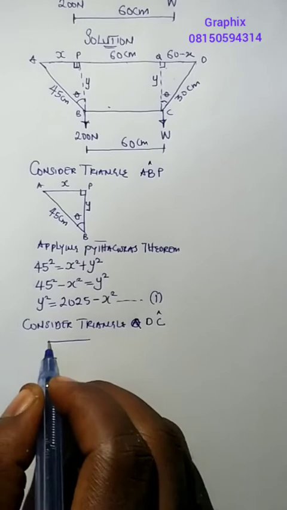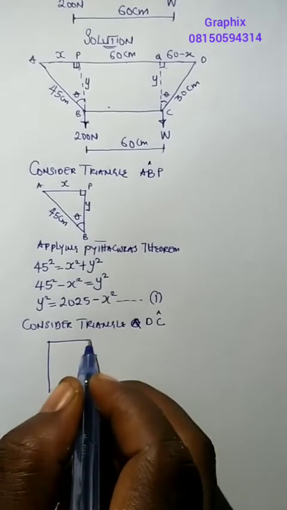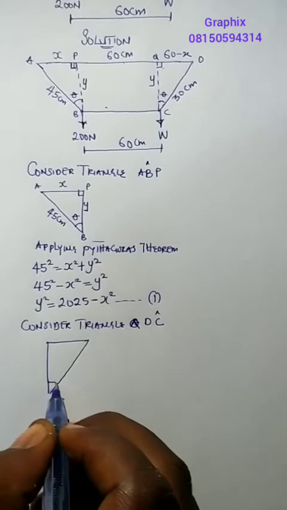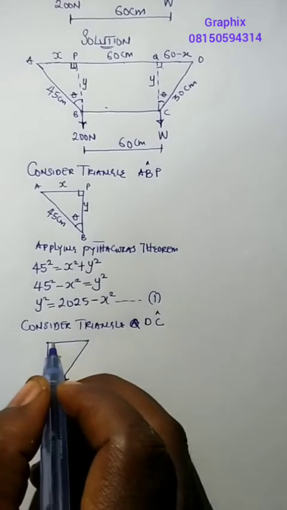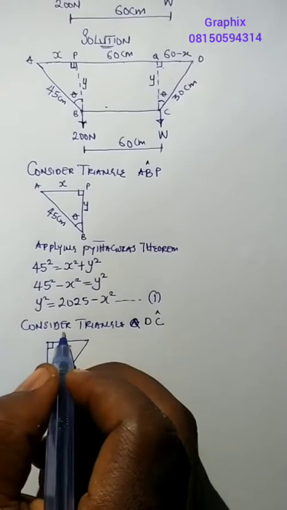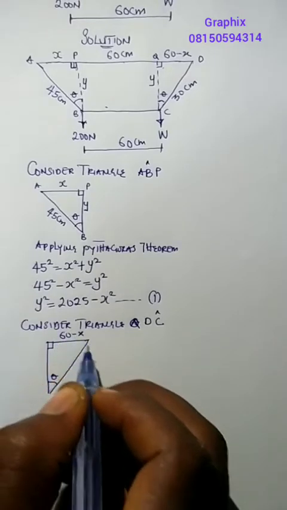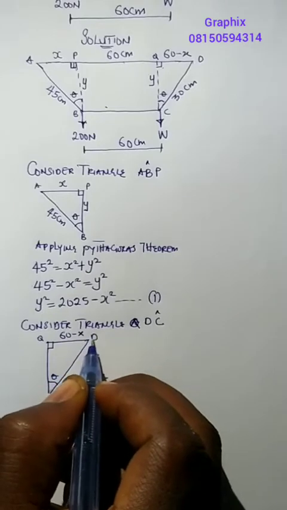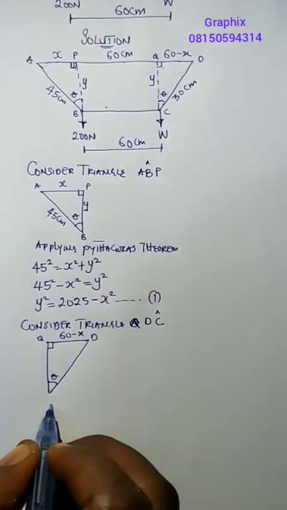and this is coming down straight. It's coming down like this. So the angle here is theta. So the 90. This is 60 minus x. So I'll say this is the point Q, point D, and what?